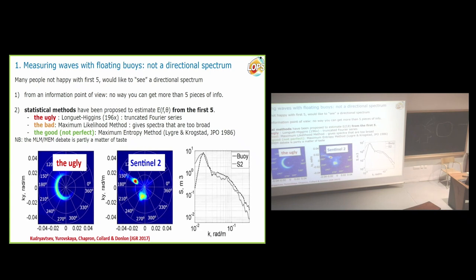The plots they found, so I think it's Maria Yurovskaya actually did that, on the NDBC website, they used to give the formula from Longuet-Higgins. I don't know why they did this. I don't know what they thought by doing that. And so some people would go to the NDBC website and say, oh yeah, I could use that formula for getting directional spectrum. Looks fun. Okay, you get the mean direction, but that's about it.